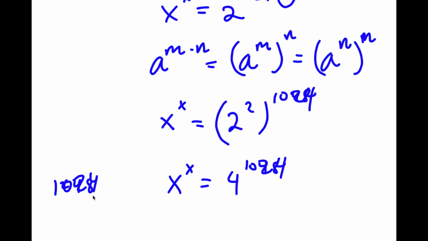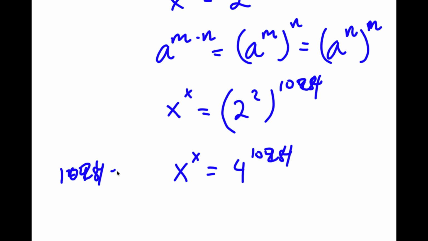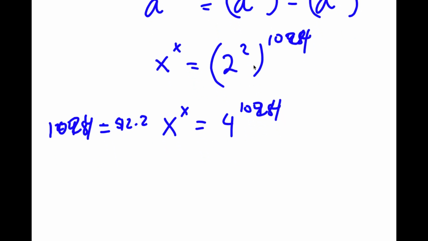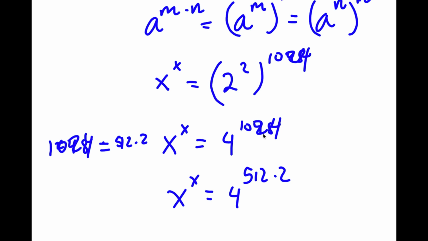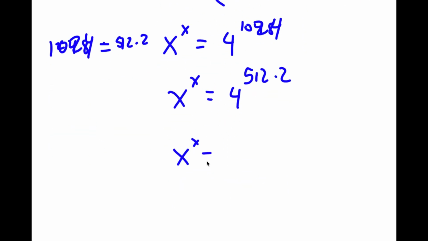So 1024 is equal to 512 times 2. So now I have x to the power of x is equal to 4 to the power of 512 times 2. And again, I'm going to rewrite that as 4 to the power of 2 to the power of 512.